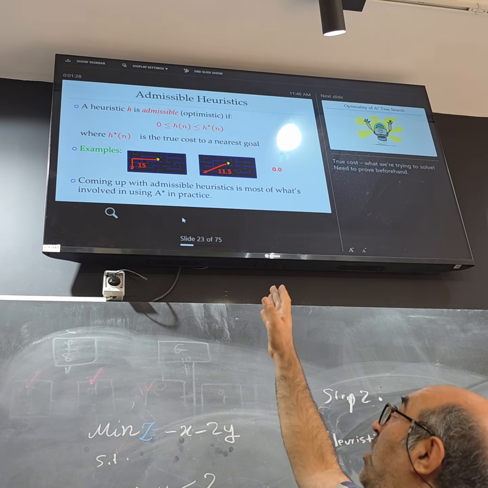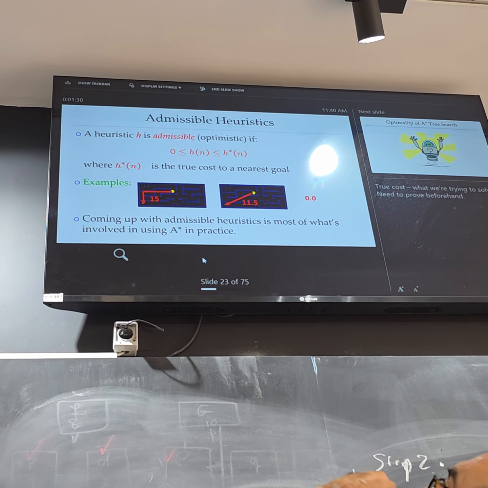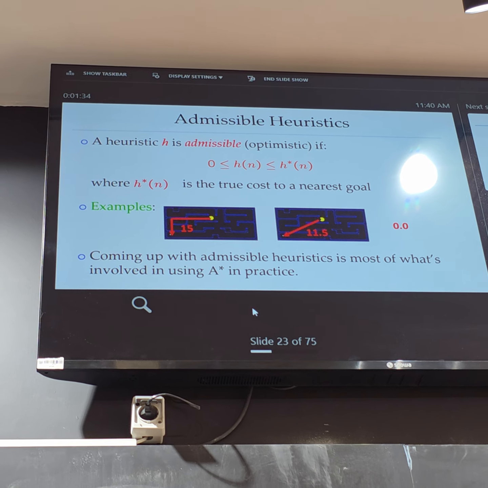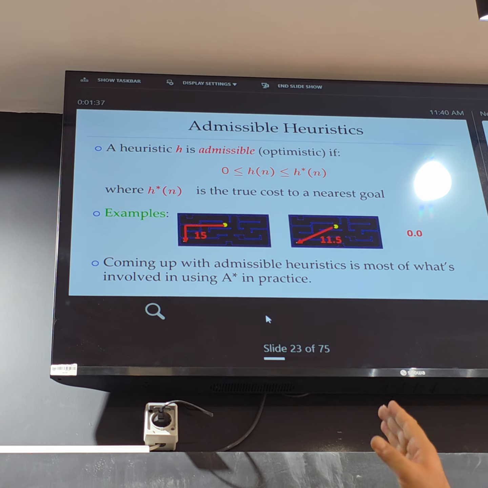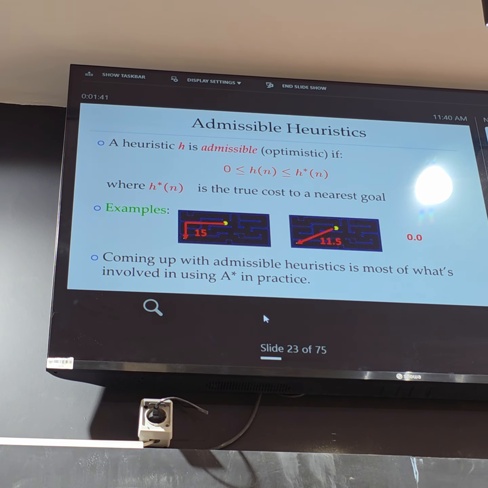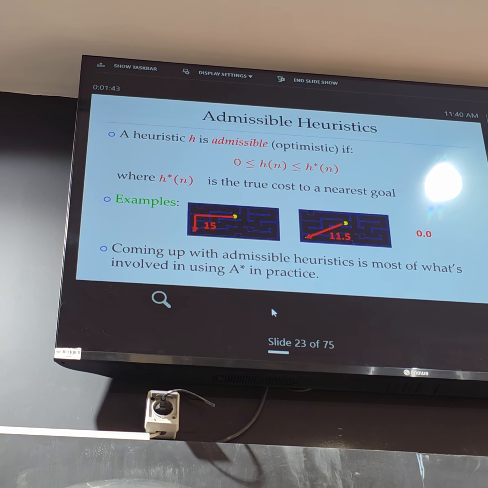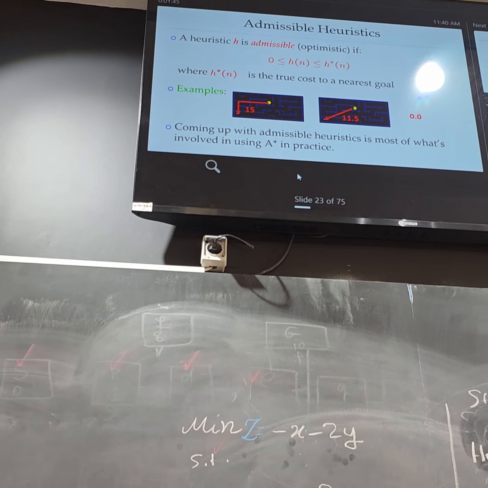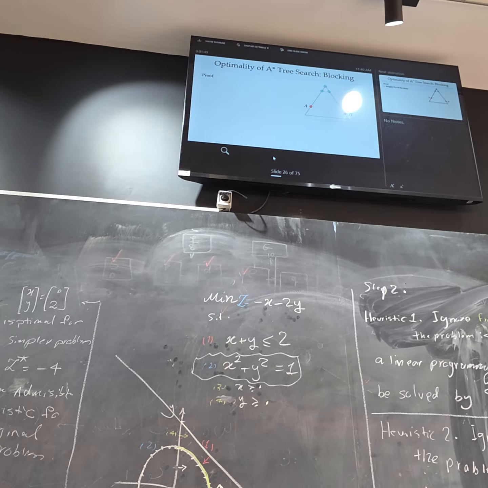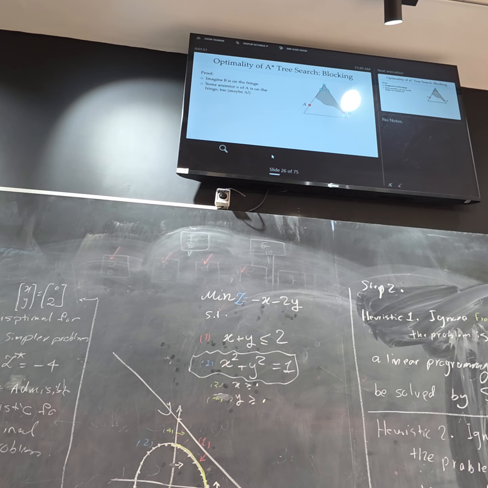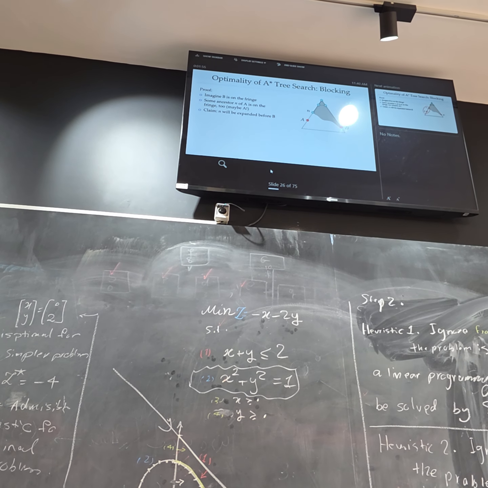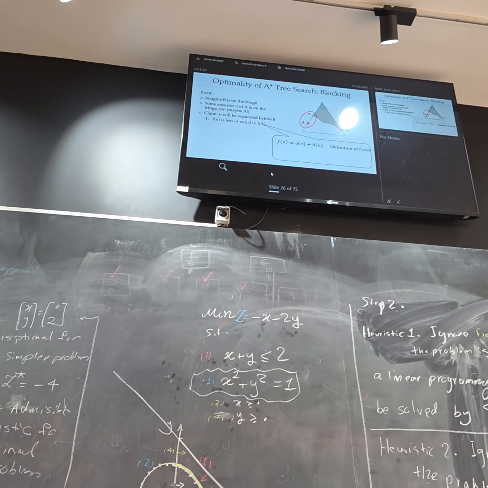Again, you can define a straight line for your movement, and based on this simplified problem, you can define a heuristic. And this is the definition of the problem.